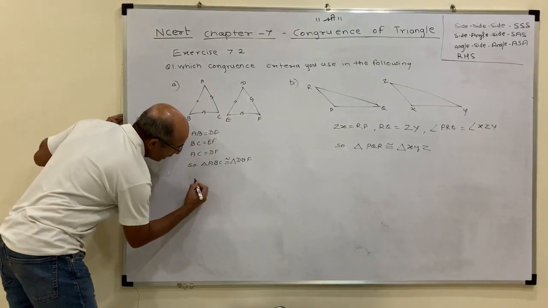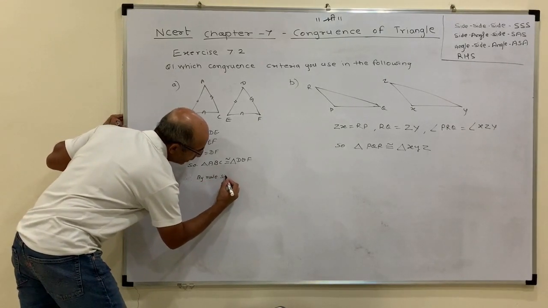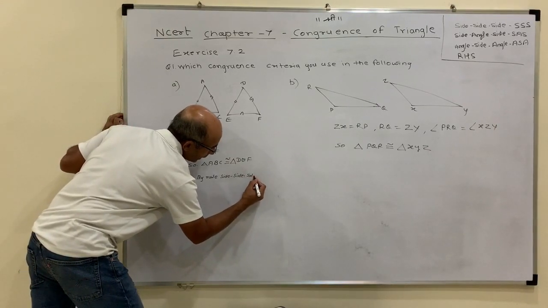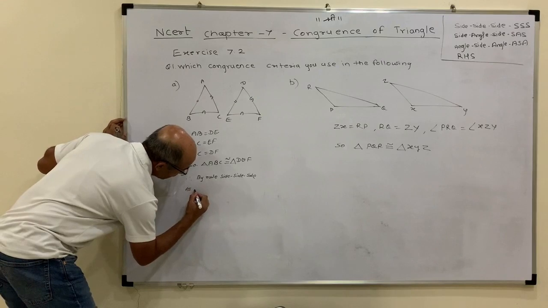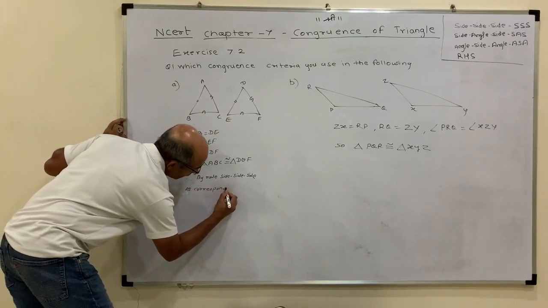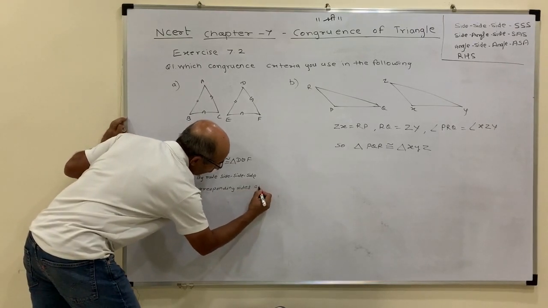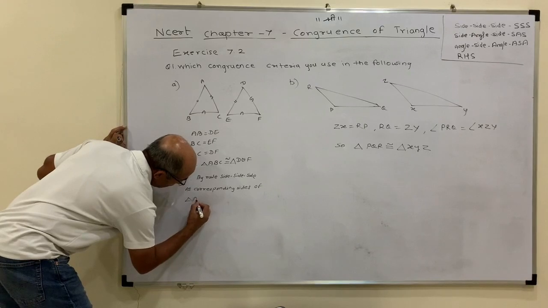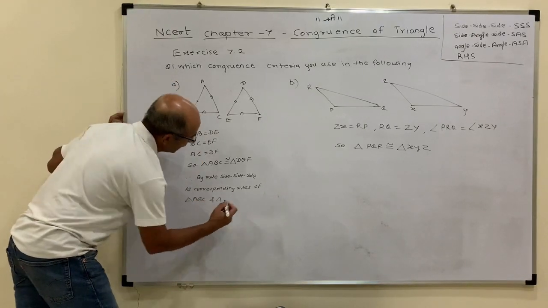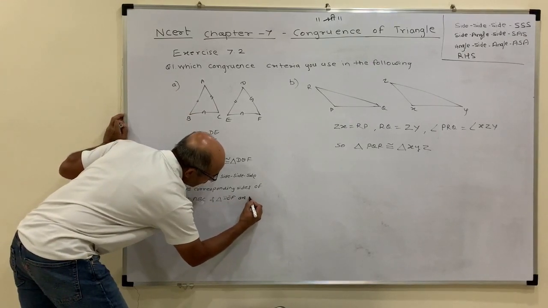So I say by the rule side, side, side, as corresponding sides of triangle ABC and triangle DEF are equal.